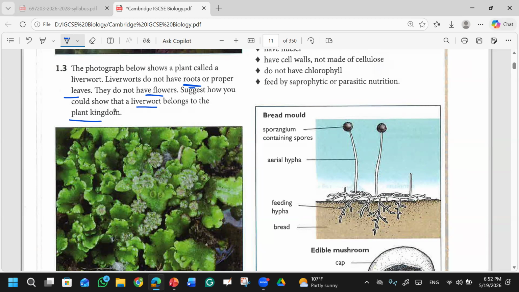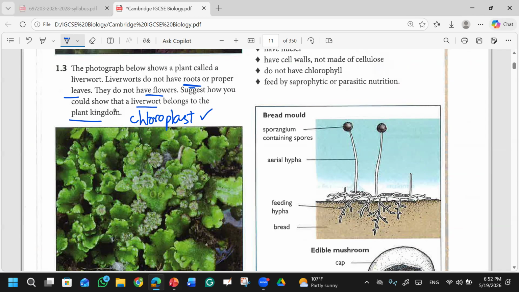To check for chlorophyll, the most important thing is chloroplast. If it is there, then it is a plant. Then second, what is present in the plant that is not present in the animal? The unique thing which we have discussed today.